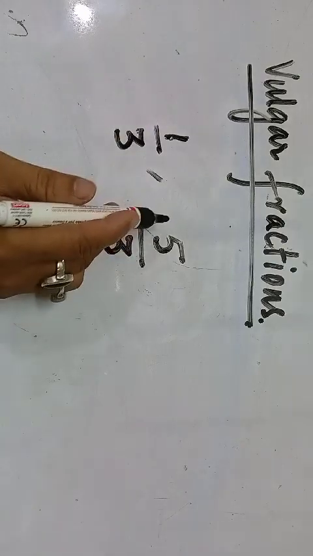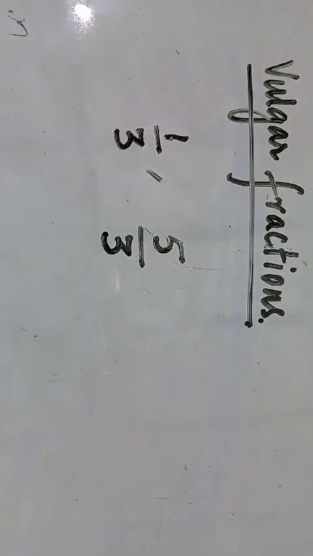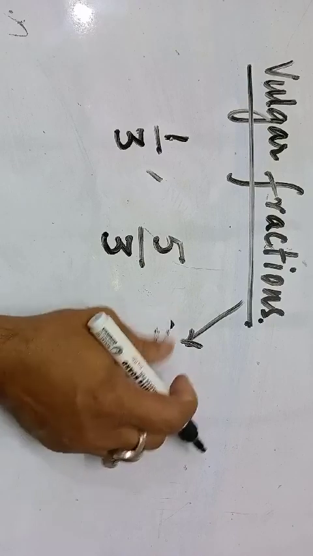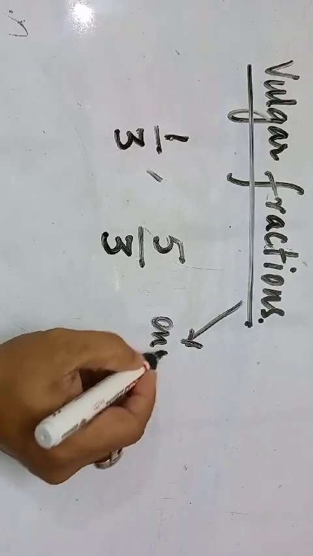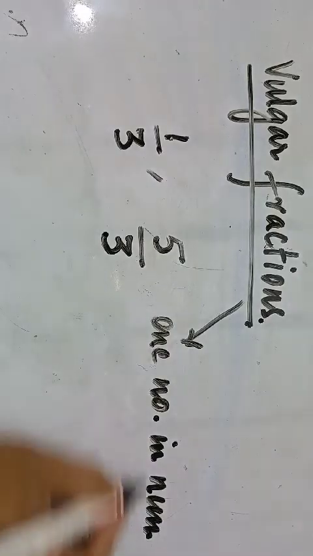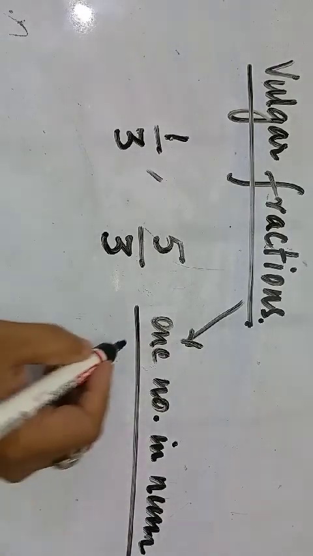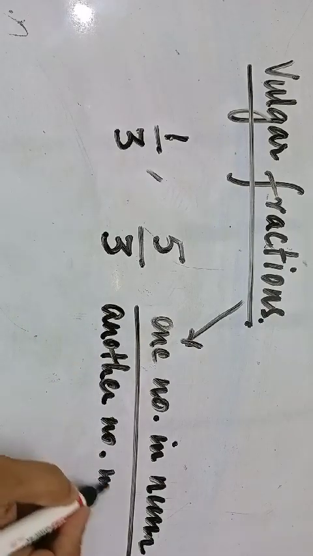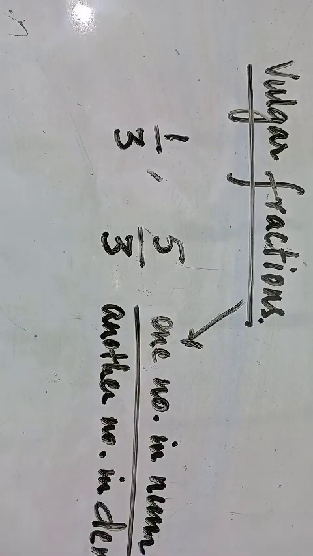Now both can be called vulgar fractions, because the reason why we use the term vulgar fraction is that they are different from decimal fractions in the sense that they do not have a decimal. They will always have one number in the numerator upon another number in the denominator.